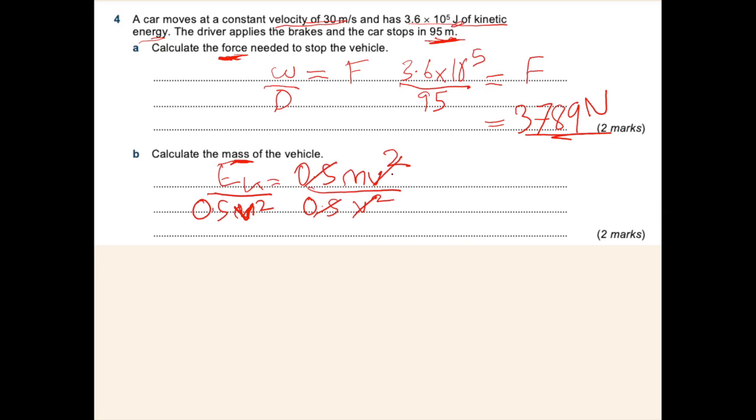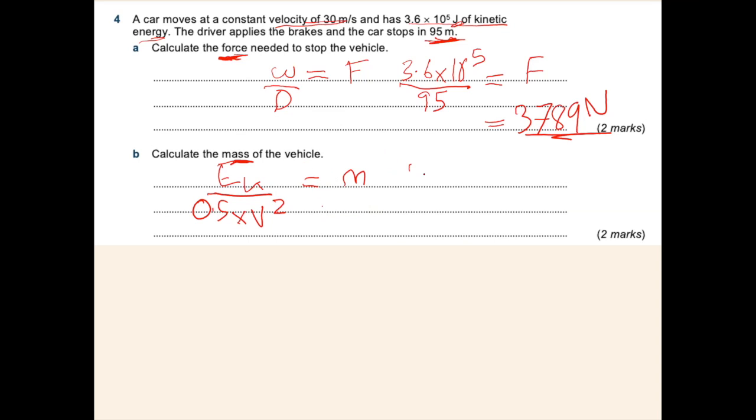Let's just rub those bits out. That is our equation: E_K divided by 0.5 v squared equals m. Now we've just got to sub the numbers in.